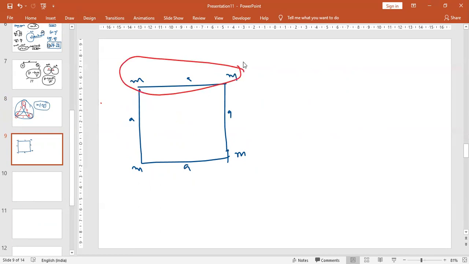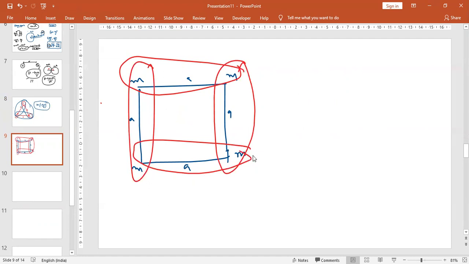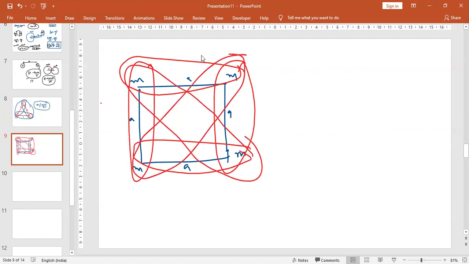So we have four pairs like this. And you will have this pair also. So there will be six pairs. So you have to calculate six potential energies. Any doubt in this, then you can ask me now.